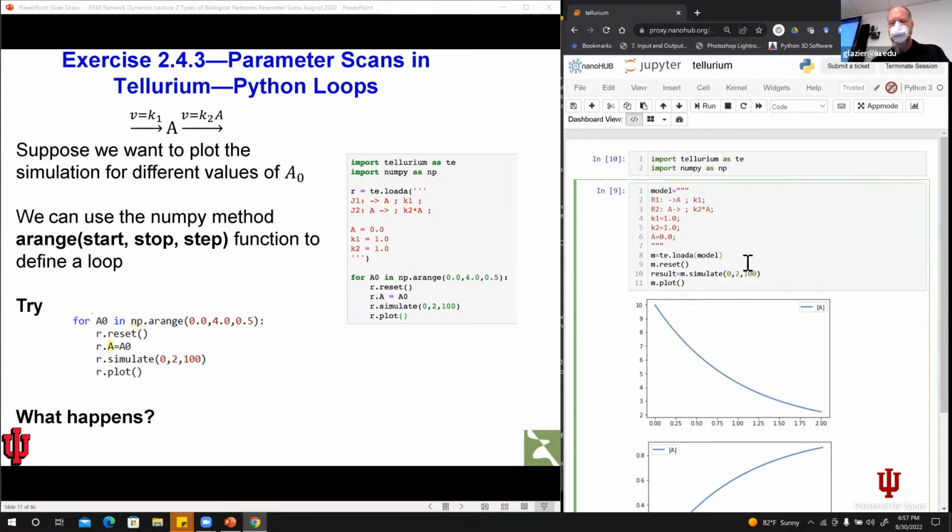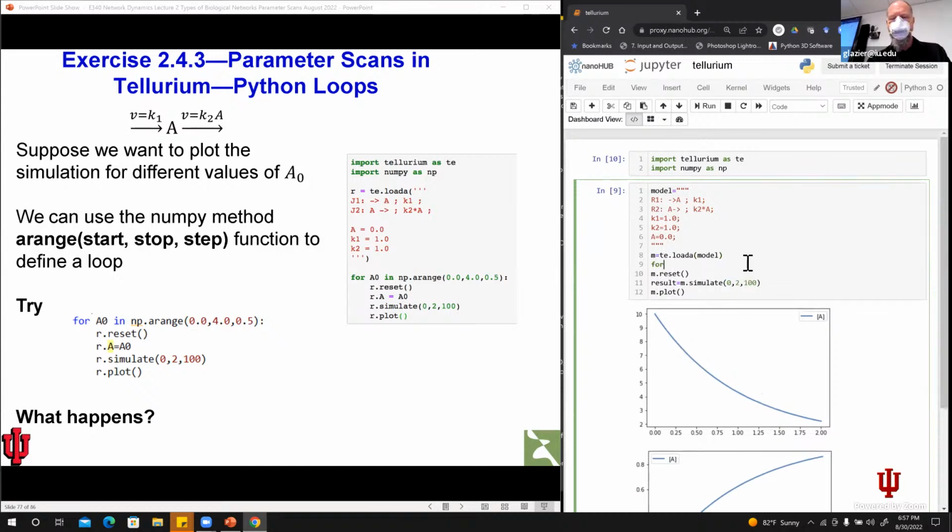So here I load my model. I do for A0 in np.arange. You can also use while loops and other kinds of loops in Python, but this is the one we'll use the most. Colon.